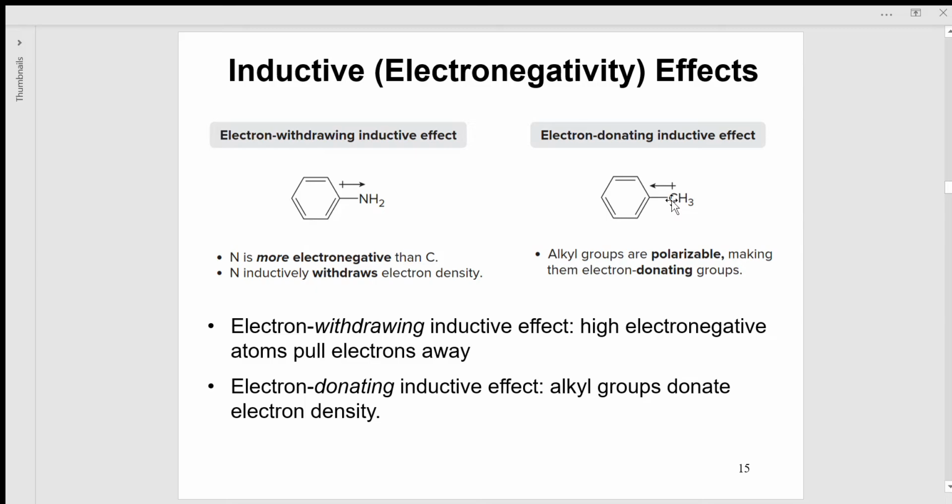In this case, we call this the electron donating inductive effect. Again, the inductive effect is basically the electronegativity: either pull the electrons away or push the electrons towards the benzene ring.